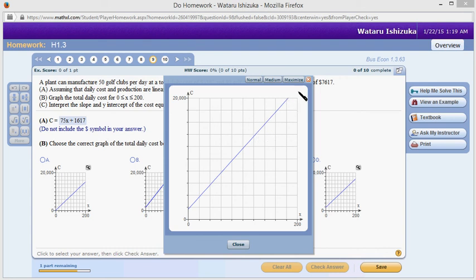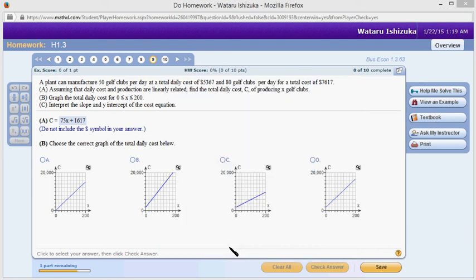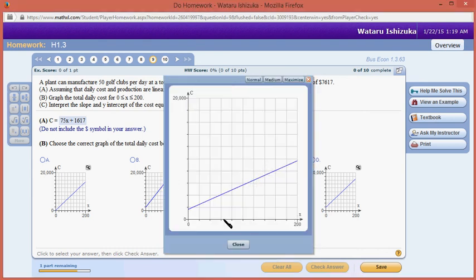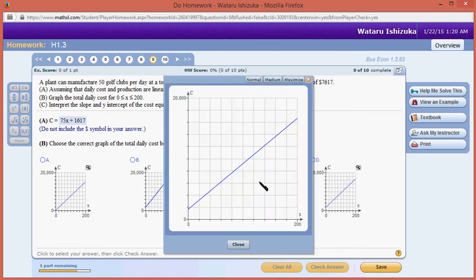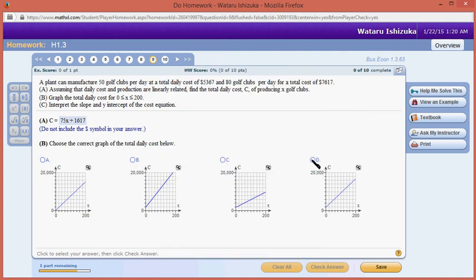So this one is way too high, so that's not going to be it. This other one is below 10,000, so this shouldn't be it. But 15,000 is around here, and this is 16,000, so this is probably it. This is the right picture, because it has the right y-intercept, or c-intercept I should say, and the correct slope. So let's check my answer here.